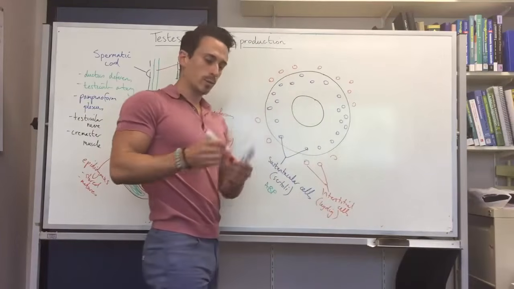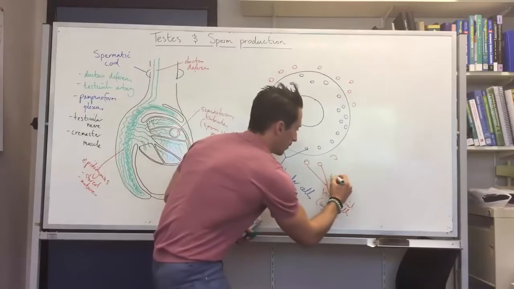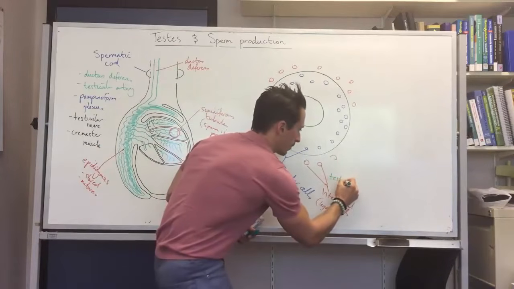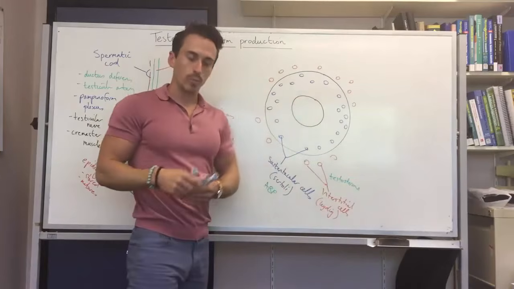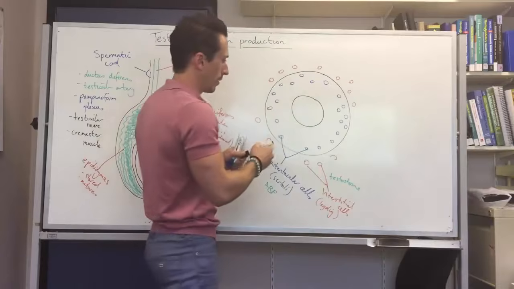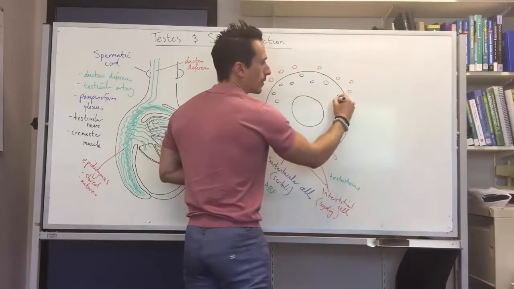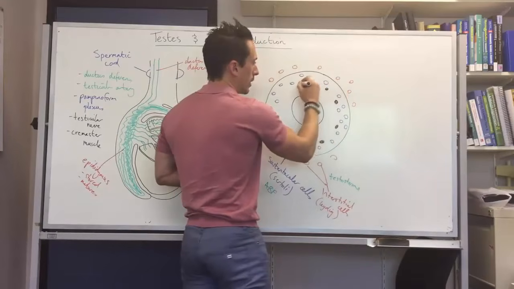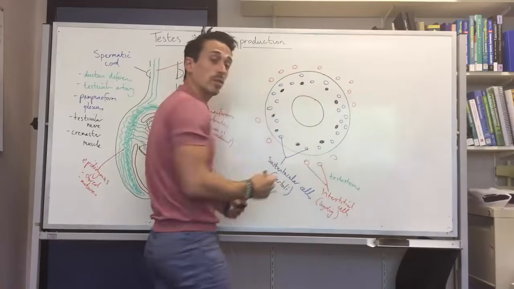And what do Leydig cells do? Well, Leydig cells produce testosterone. Okay, what else do we have? We have stem cells in the walls of these seminiferous tubules. Sperm stem cells. So these can obviously turn into sperm.